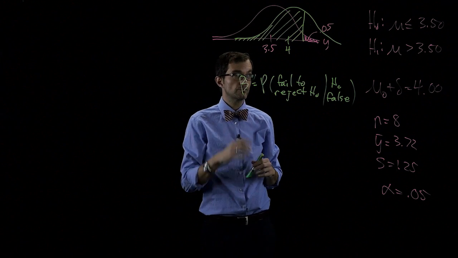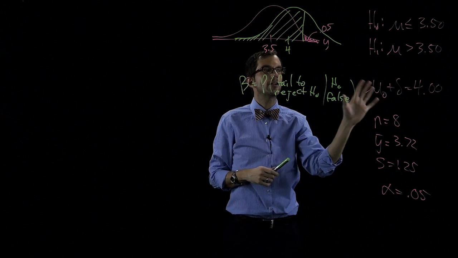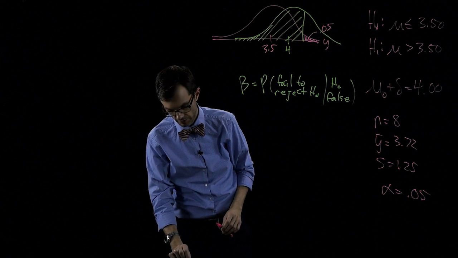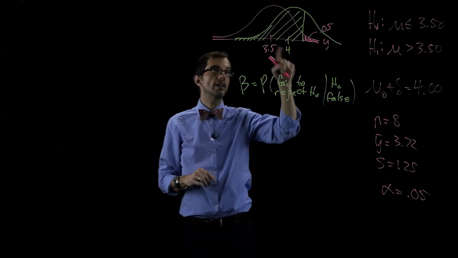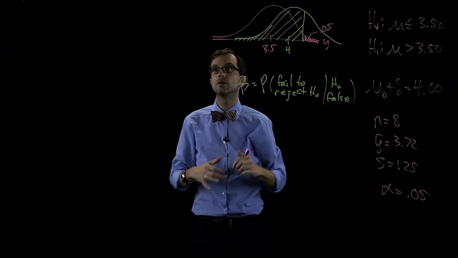So first we need to find out what this critical value is, not on the t-axis, but on the y-axis. So let's isolate that y-axis, but we'll convert it down to a t-axis.